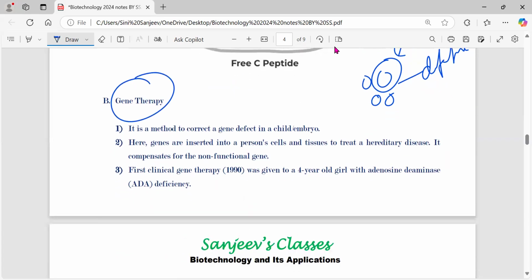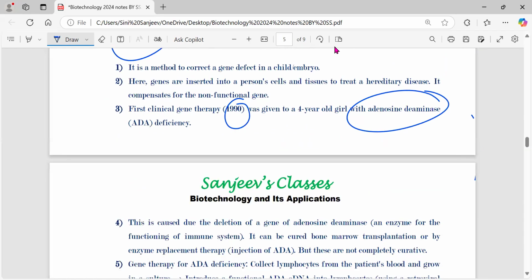So one such trial was done in the year 1990 on a 4-year-old girl who had adenosine deaminase deficiency, that is ADA deficiency. This deficiency is caused whenever there is a deletion of the ADA gene, which affects your immune system functioning.